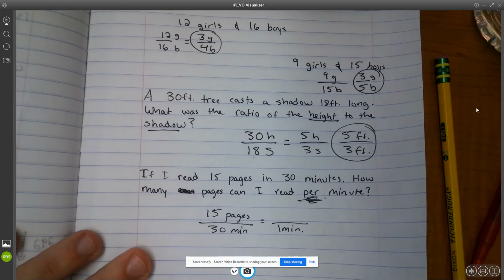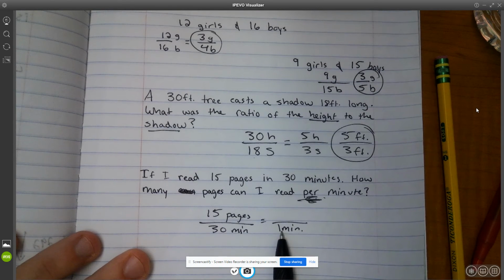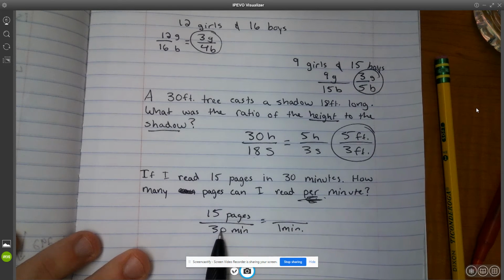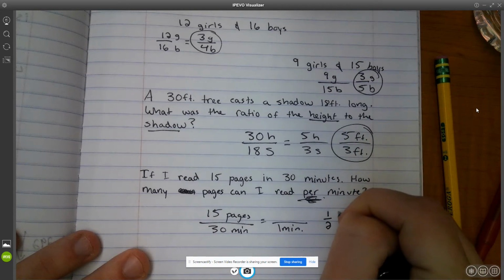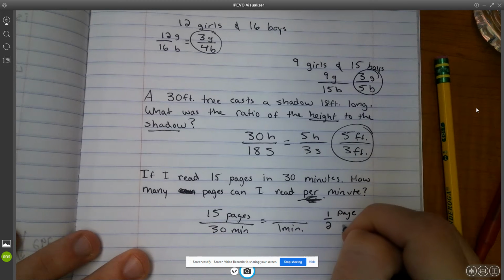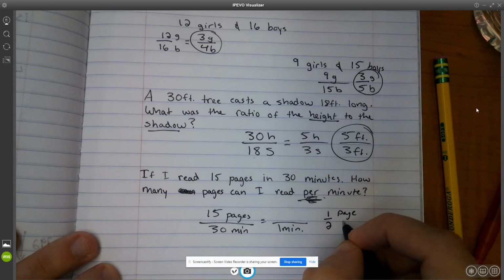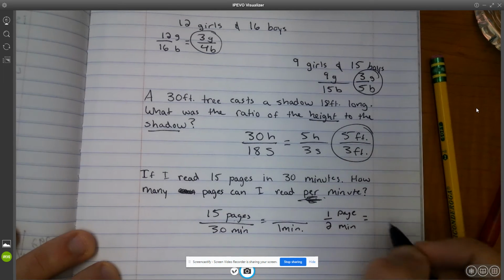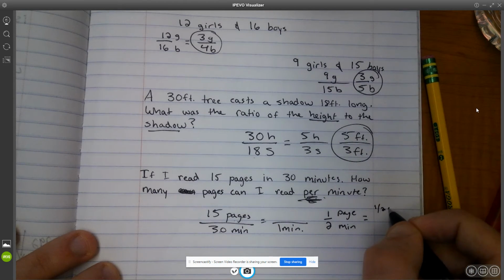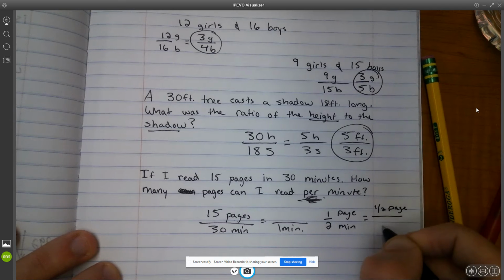So in order to do that, we're going to have to divide by 30, which would be 15 over 30, which is 1/2. So I can go 1 page per 2 minutes. That would be an easy way to see that, and then I can split that again into 1/2 a page per 1 minute.